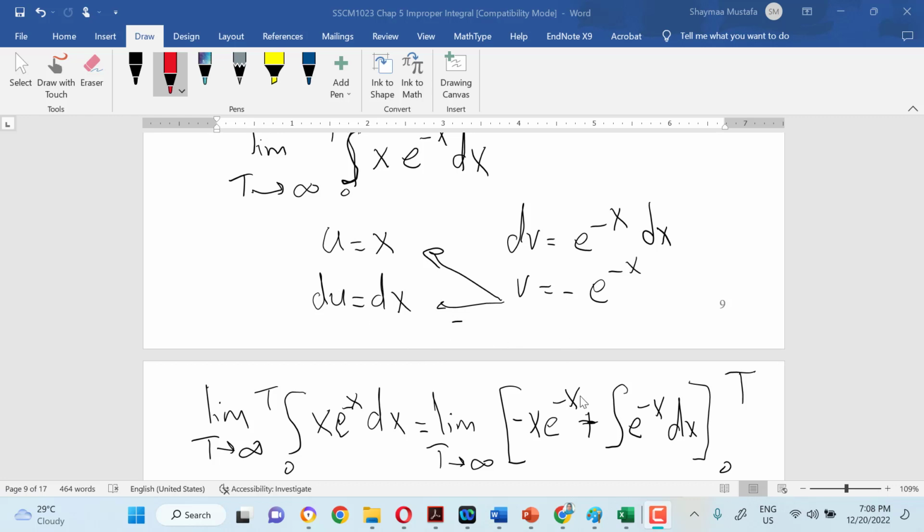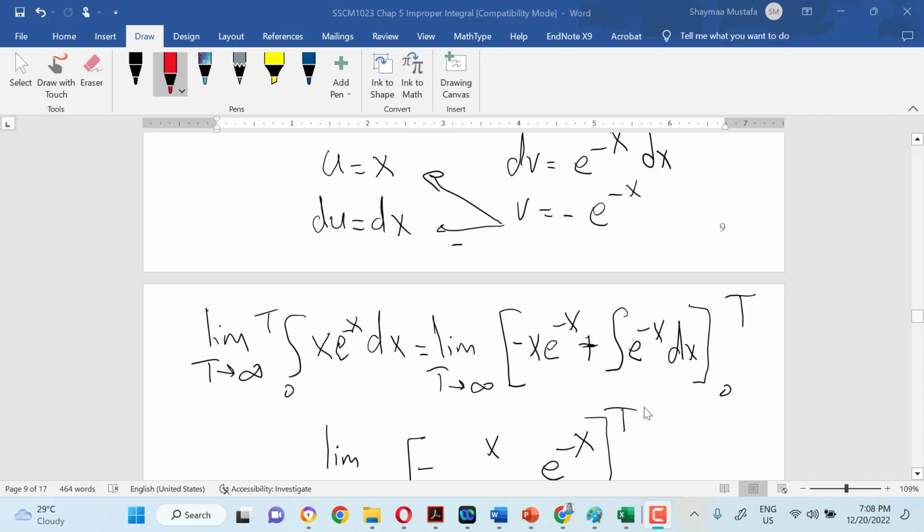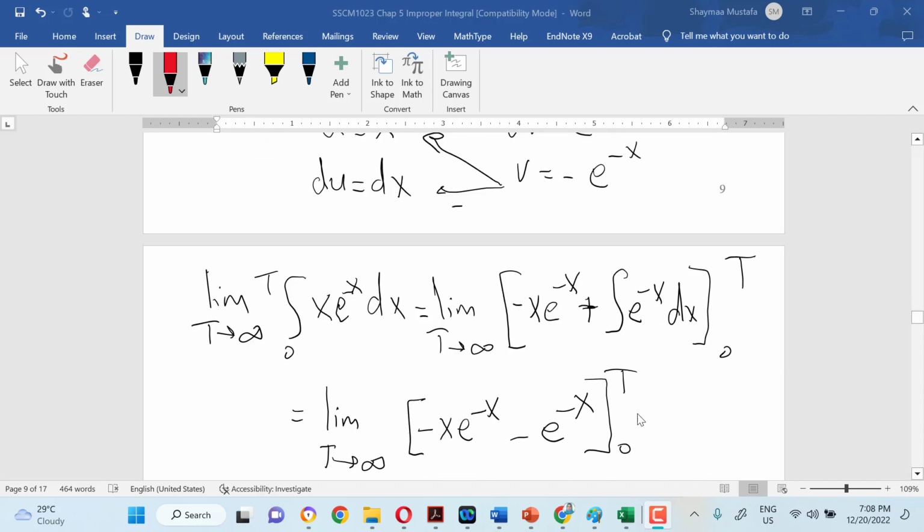Minus minus becomes positive, so it is the integral of exponential minus x dx, with the boundary of integration from 0 to t. The evaluation of this integral of exponential minus x is minus exponential minus x.